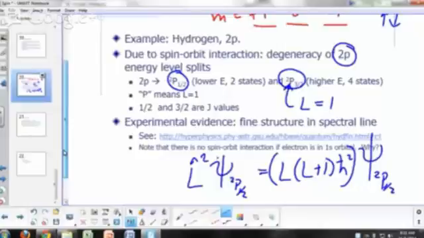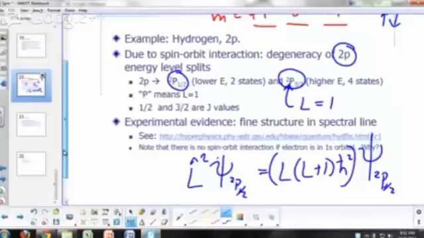So that letter P, small letter p is for 1 electron. Capital P is the total, which in this case is also for 1 electron. But when we get to atoms with more than 1 electron, you have to use the capital letters for the total orbital angular momentum.